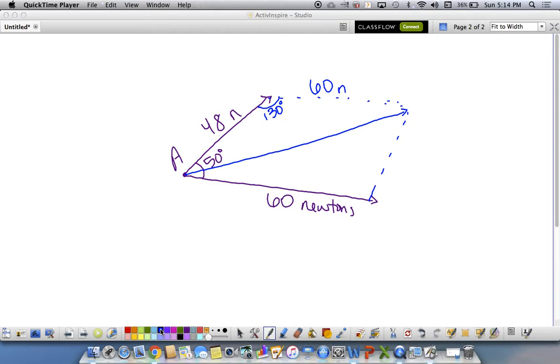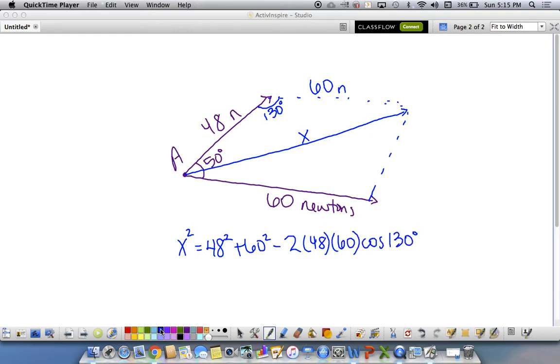Because the consecutive angles are supplementary, so 180 minus 50 gives 130. And I'm looking for the resultant vector. So I'm using the law of cosines.